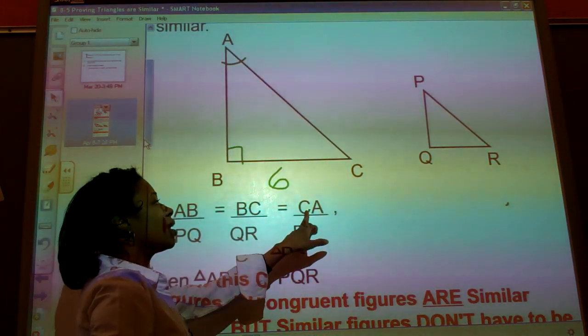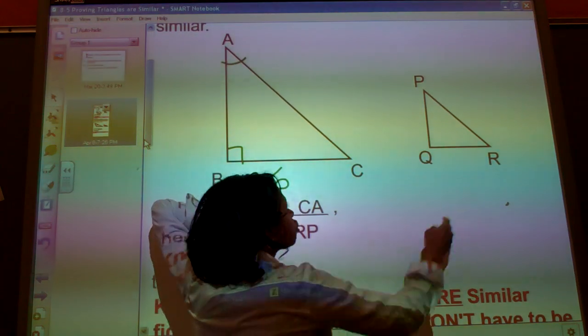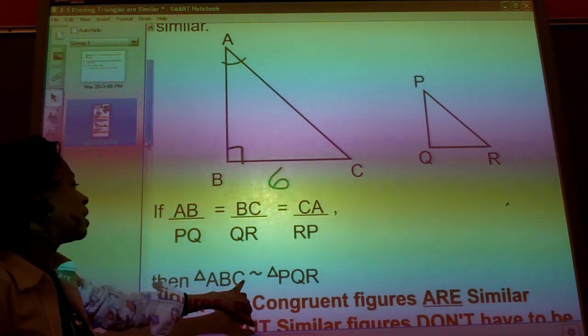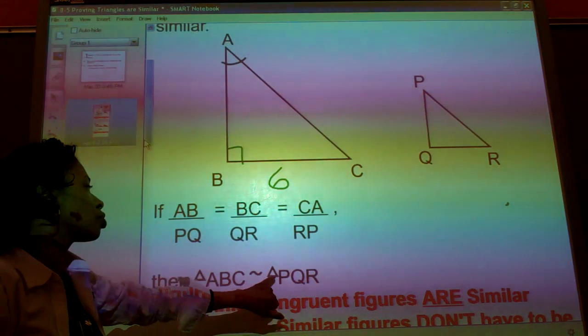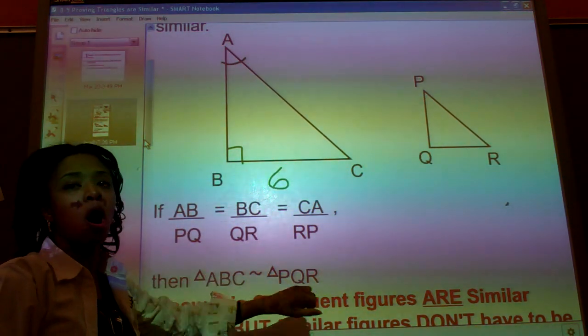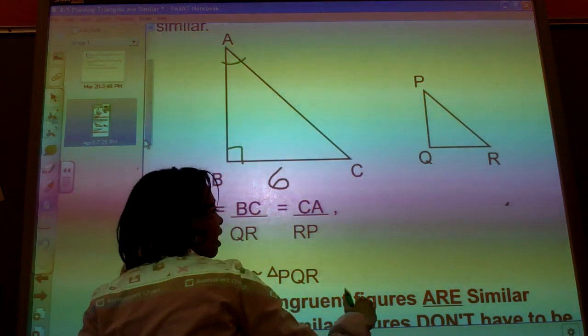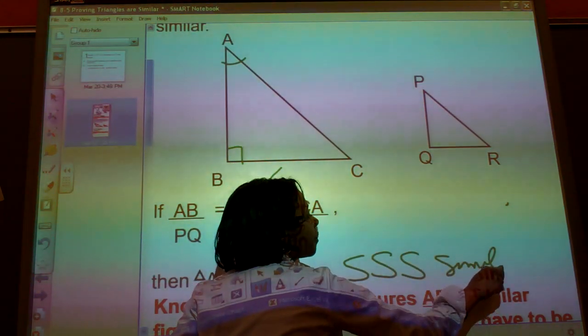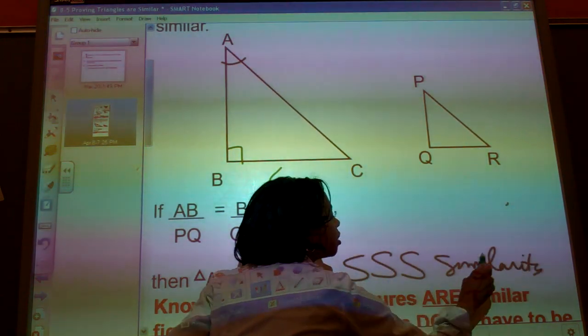QR, and finally CA is proportional to RP, then that means that triangle ABC is going to be similar to triangle PQR by, what did I say? Side similarity. The key word is similarity.